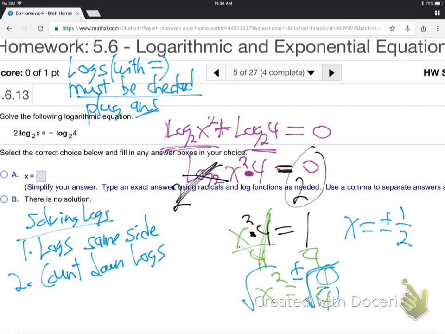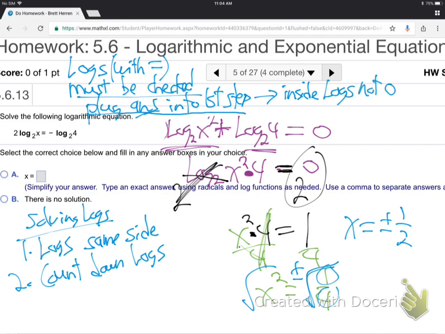Plug your answers into the first step, inside of logs, not 0, not negative. Remember that? You can never have a negative or a 0 inside of the logs. It's an error, so it can't make the equation true. It can't really be a true answer. It doesn't even work in a log.